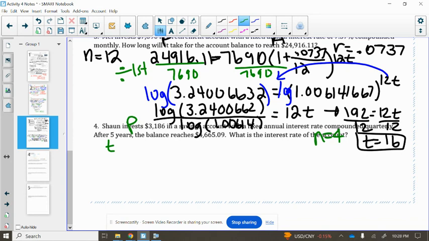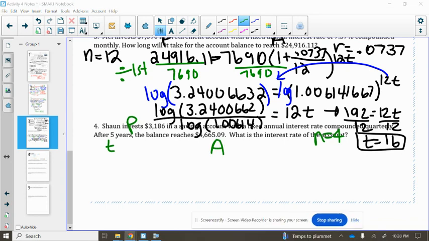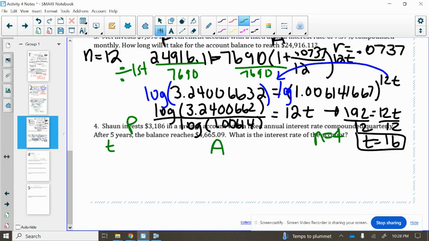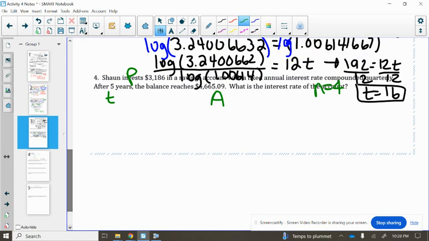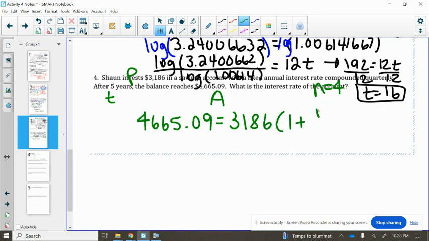After 5 years, they give us the balance, and we want to work backwards to solve for our interest rate. So again, we want to plug in what we know. We know this time our A value. We know the principal. We know that our interest rate is what we're trying to find after compounding 4 times a year for 5 years.